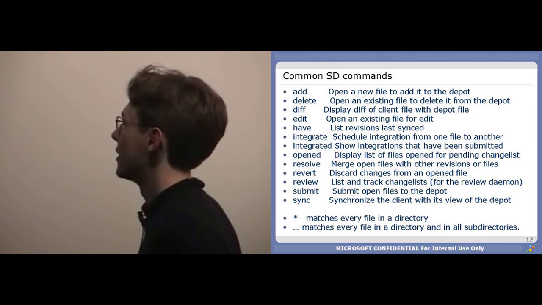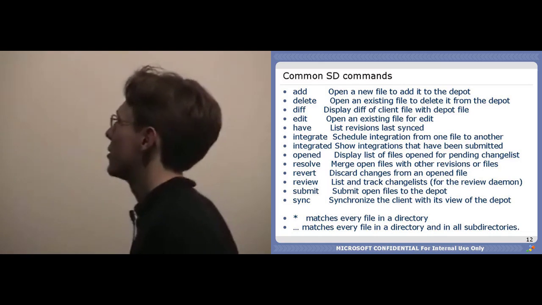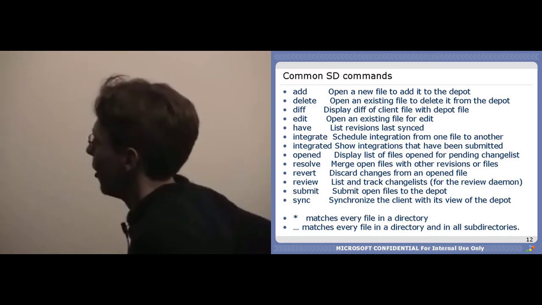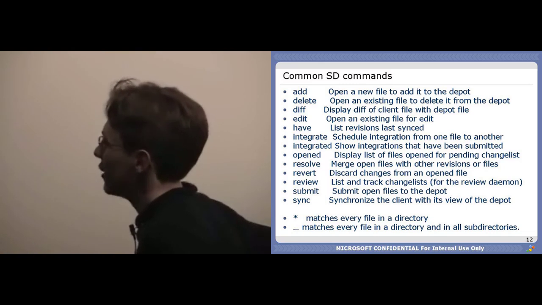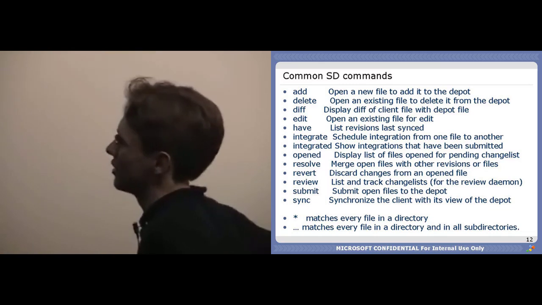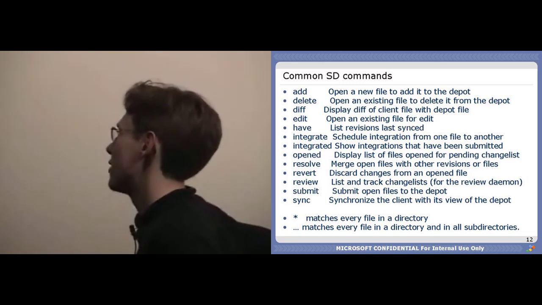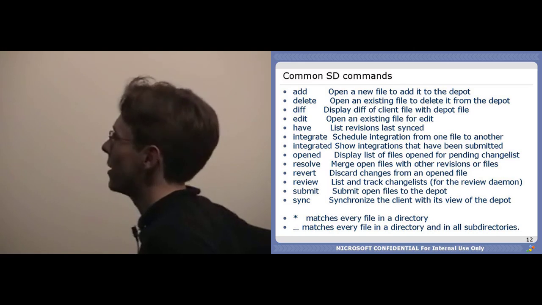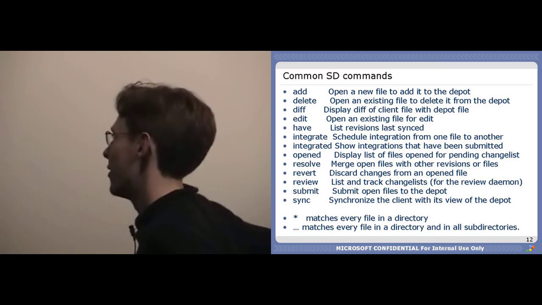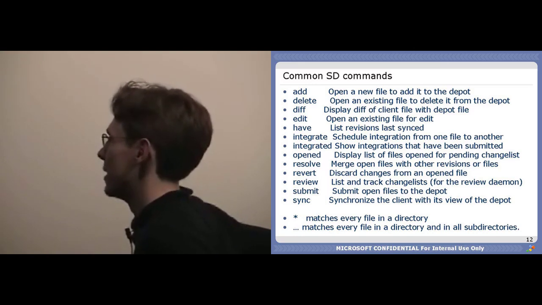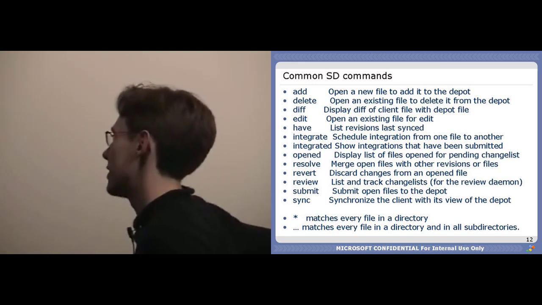That's backwards again. So what do you do with Source Depot? Here's just a rundown. The things you do: you add files, you delete files, you diff the files to see what changes you made, you edit your files, you see what versions of the files you have, you integrate the files, you see how they've been integrated, you see what files you have open for edit, you resolve the files for any changes that somebody else might have made between you and them, and you can revert to get rid of your changes that you found out weren't so good.